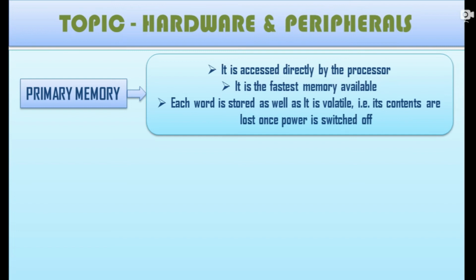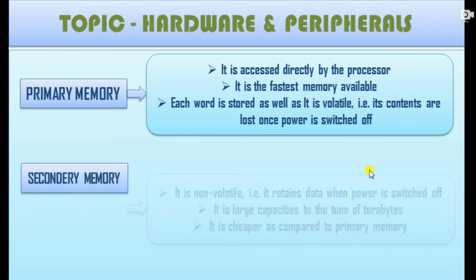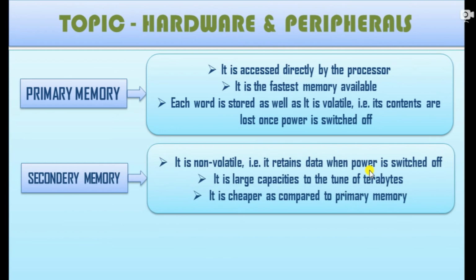We all know what volatile is. I just said its contents are lost once power is switched off, like RAM, but it must be there for fast processing. The second part of the memory is secondary memory, which is non-volatile, which doesn't lose any data until we delete it.